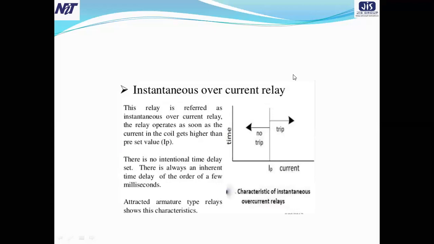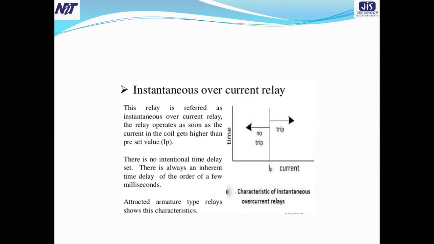Now let me talk about the first type, that is the instantaneous overcurrent relay. How is the relay operating? The relay operates as soon as the current in the coil gets higher than the preset value, that is the IP value.